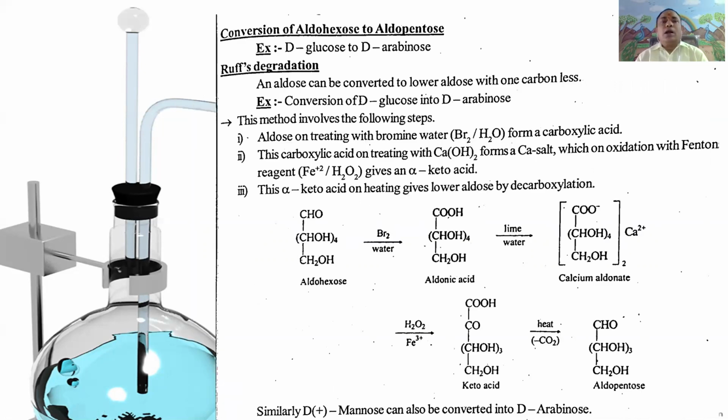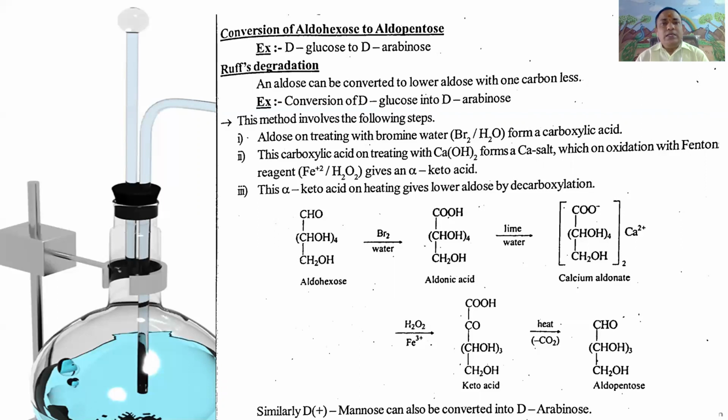Next, conversion of aldohexose to aldopentose is the Ruff degradation. In this method, aldohexose, that is glucose, is converted into aldopentose, that is arabinose.